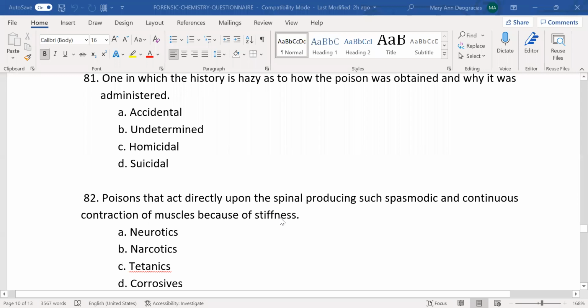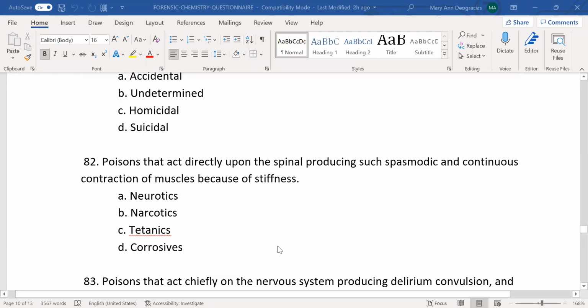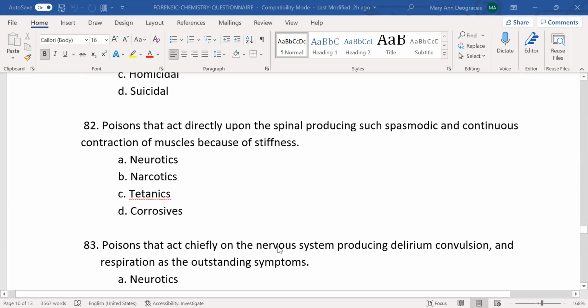Alright. Poisons that act directly upon the spinal column producing such spasmodic and continuous contraction of muscles because of stiffness. Anong sagot natin? A, neurotics. B, narcotics.